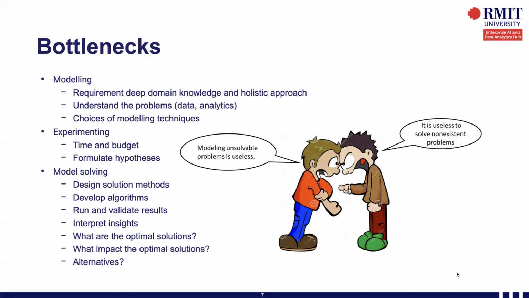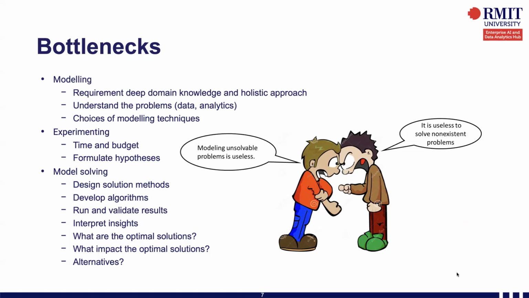Sometimes we need to leverage analytics and data analysis to give us the best inputs. With experience, we may have to choose the best modeling techniques, because they may impact the way we solve the problem as well. And we have to do a lot of experiments, which require a lot of time budget. We have to formulate hypotheses to test how our algorithm may work.